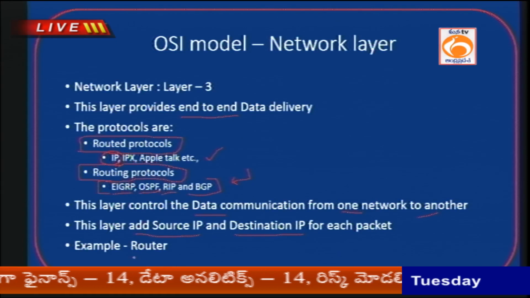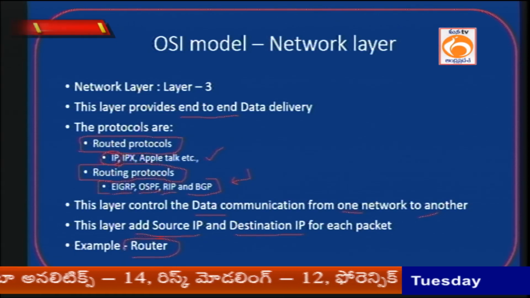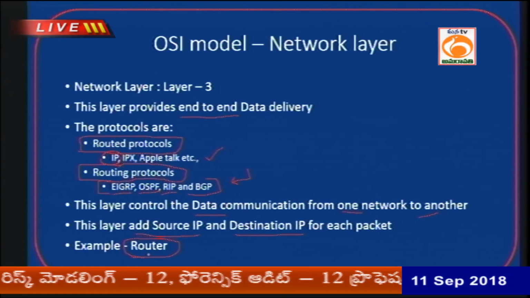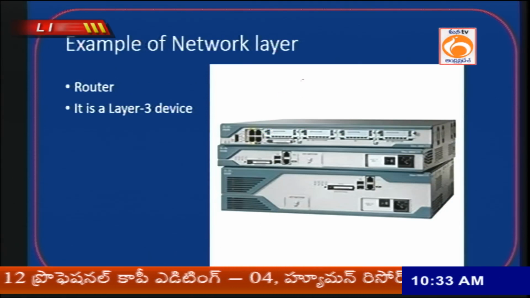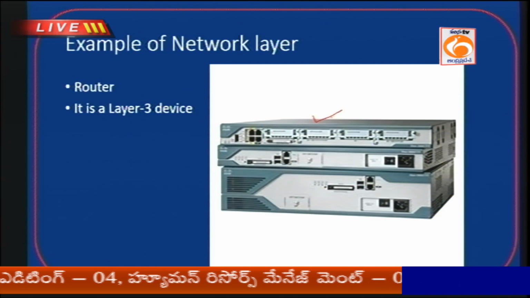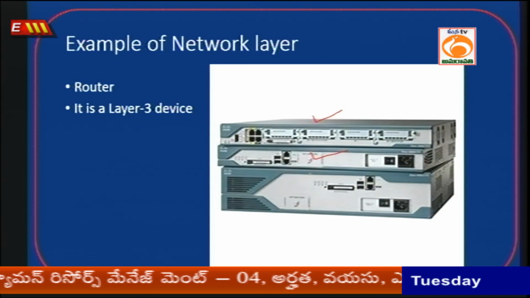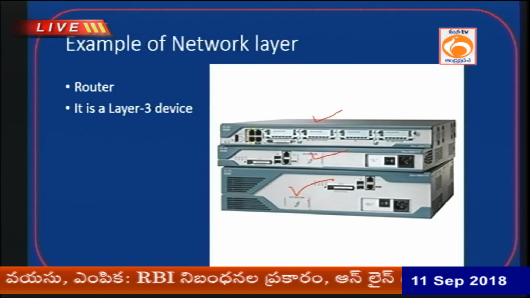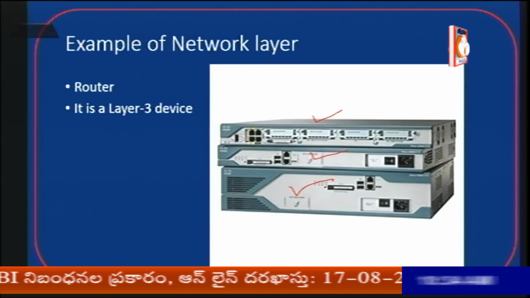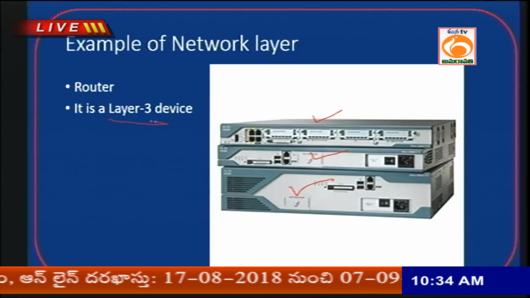And the example of the device that works at the network layer is the router. And this is the picture of the router. You can see here the different categories of routers. These are all Cisco routers, 3 different products available for small, medium and large organizations. And this router is also called a layer 3 device.